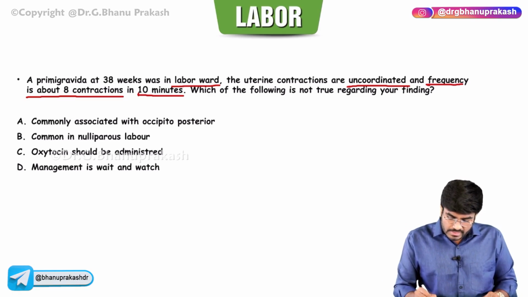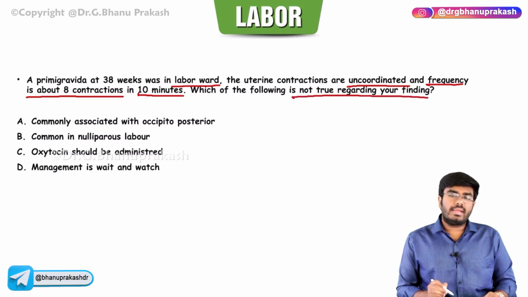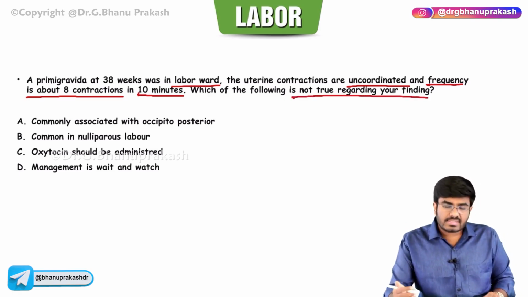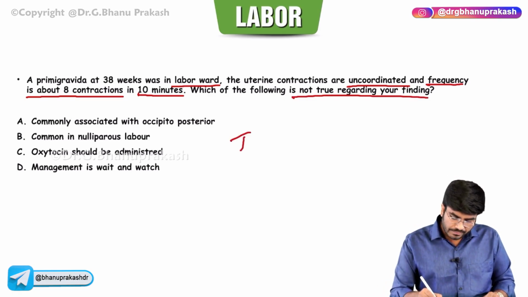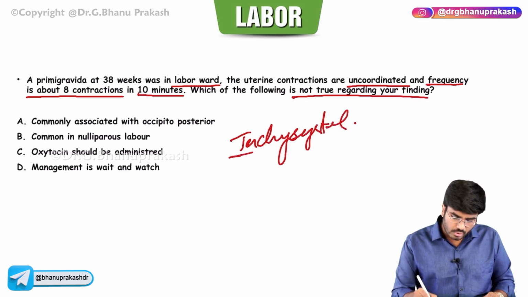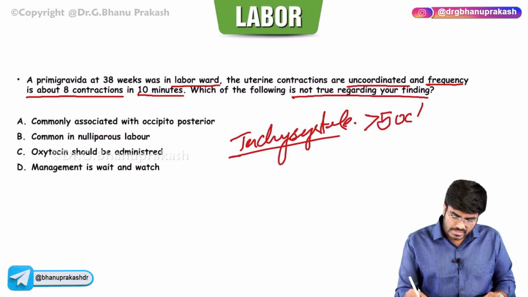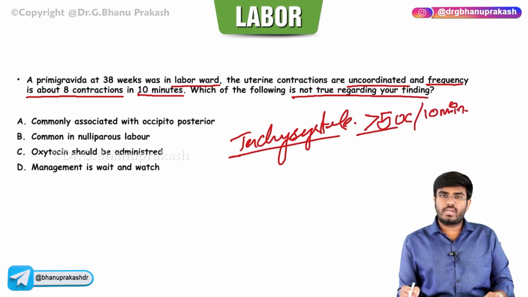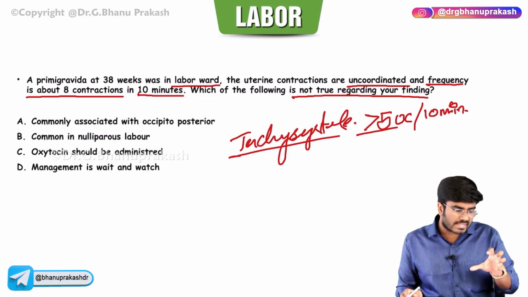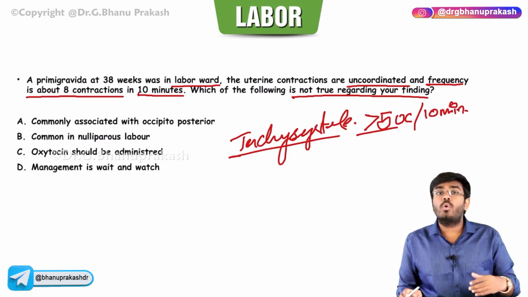Now, which of the following is not true regarding your finding? First of all, what is this case? This case is talking about tachysystole. Tachysystole means more than 5 uterine contractions in 10 minutes. Uterus is contracting more number of times.